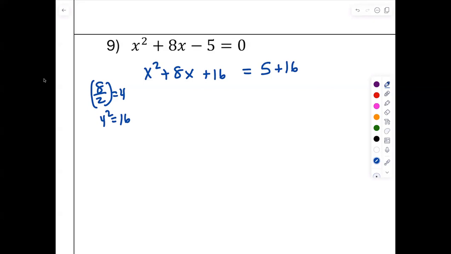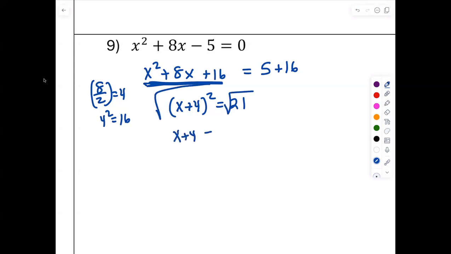Now, what does that factor to? What does this factor to? X plus 4 squared equals 21. Now what? So X plus 4 equals, and final answer.